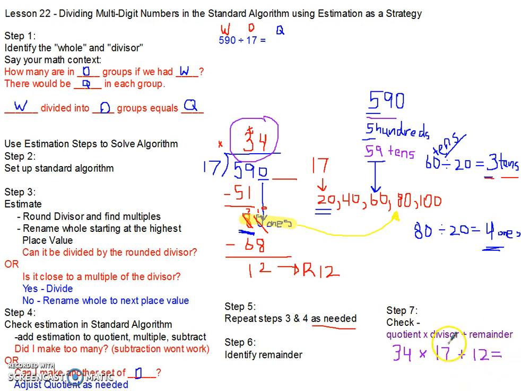And in knowing PEMDAS, or order of operations, we know that we are going to multiply first. So 34 times 17 is equal to 578. And then we add 12, which gives us 590.